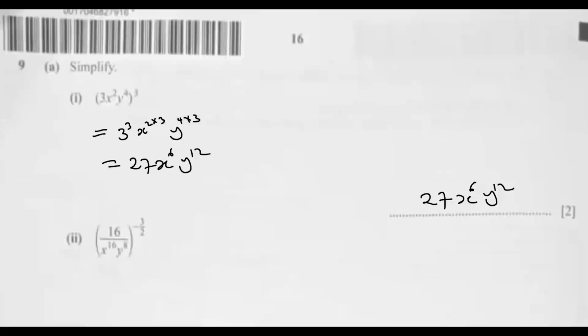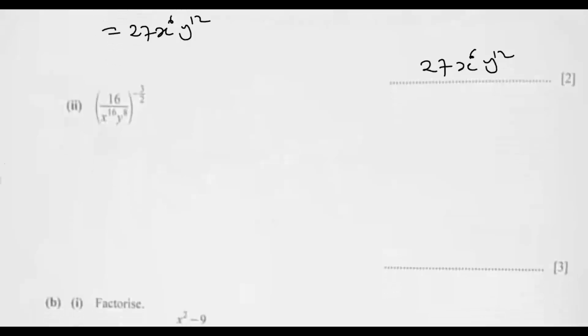So let's scroll down for the next figure, 2. So here, this one is the same thing as 1 over, you can say, 16 over x to the power of 16, then y to the power of 8, then everything to the power of 3 over 2.